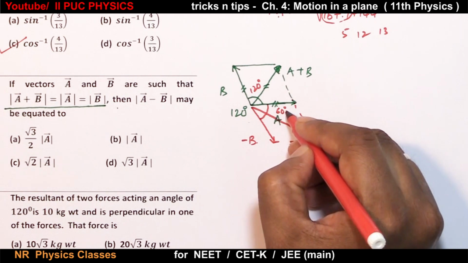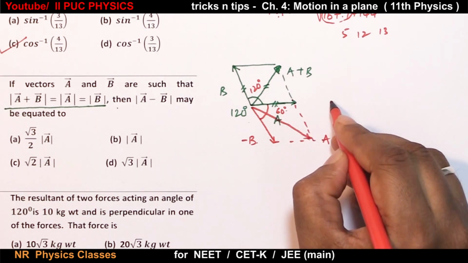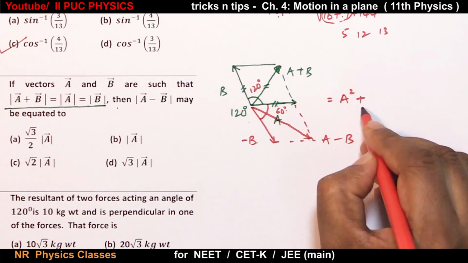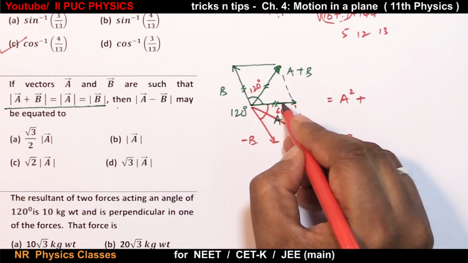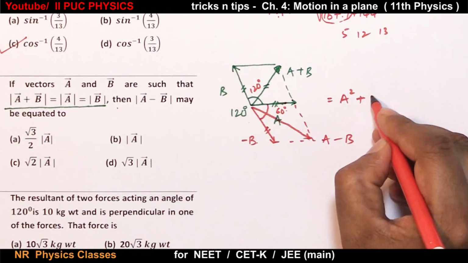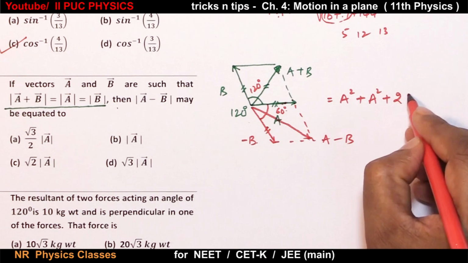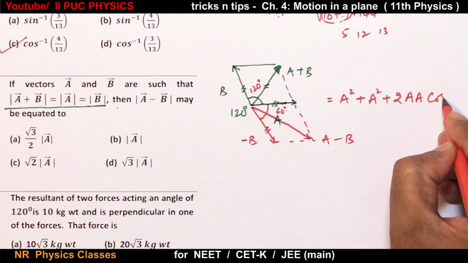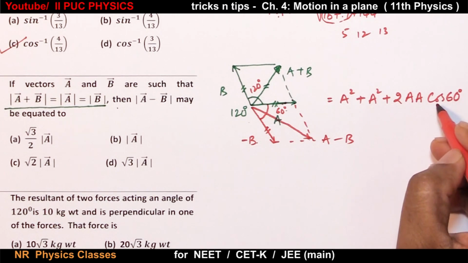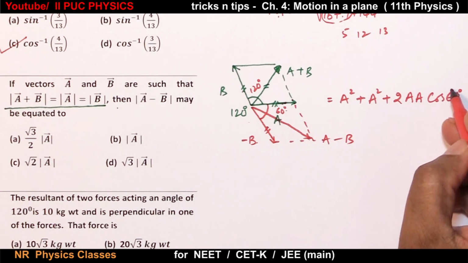If it is 60, then the resultant is A square plus B equal to A. Magnitude of this equal to magnitude of this. Direction is different. A square plus 2A cos theta. Theta is 60. Cos 60 is half.